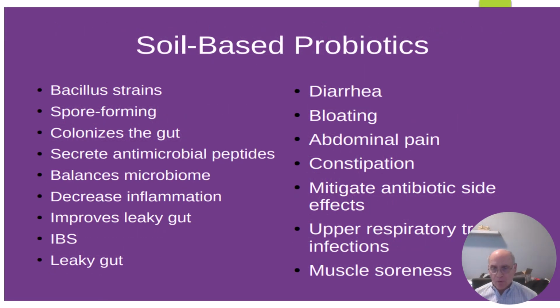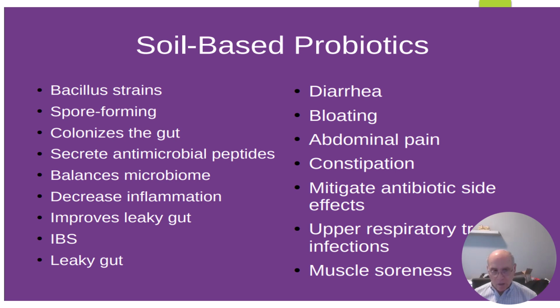A soil-based probiotic, which I think is the product of choice, because this will cultivate in the gut. It'll go where it's got to go. The reason it's called a soil-based probiotic is because it's usually surrounded by some type of spore. The spore gets digested in the stomach, and the good bacteria can go to the gut and colonize where it should.